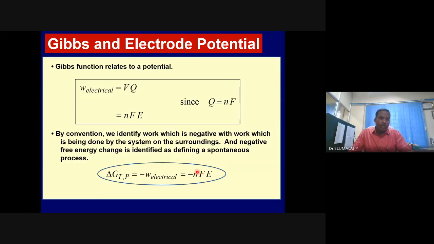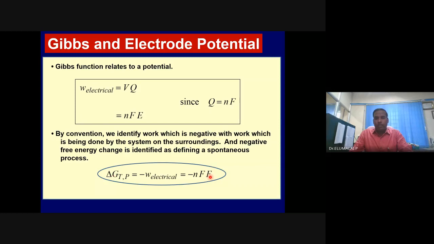It should be higher than 0: 1, 2, 3, etc., sometimes a fraction also. F is a constant, the Faraday constant, 96,500 coulombs, or ampere second, or farads. And E is the potential. These two are constant, invariable. E is the parameter. When E is positive, then only can we have delta G negative.